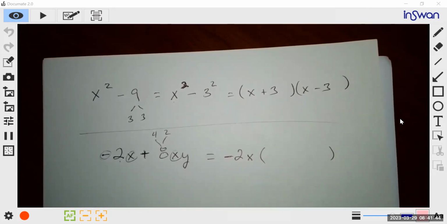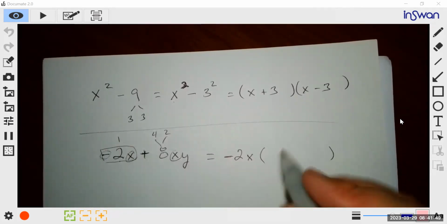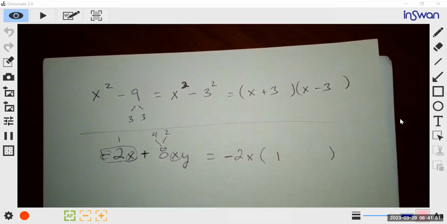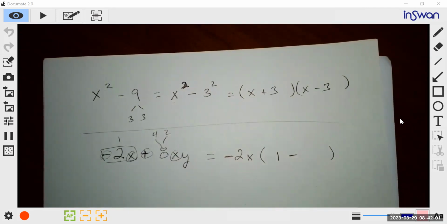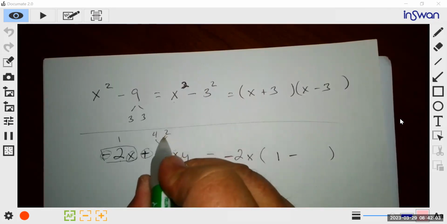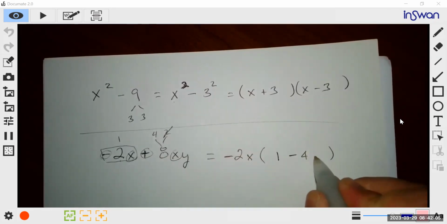What I'm left with is just a 1, because I took everything out here. I took out the negative, I changed this first term to positive, so I gotta change the second one into negative. I took out the 2, so I have 4, and I took out the x, so I have 4y.